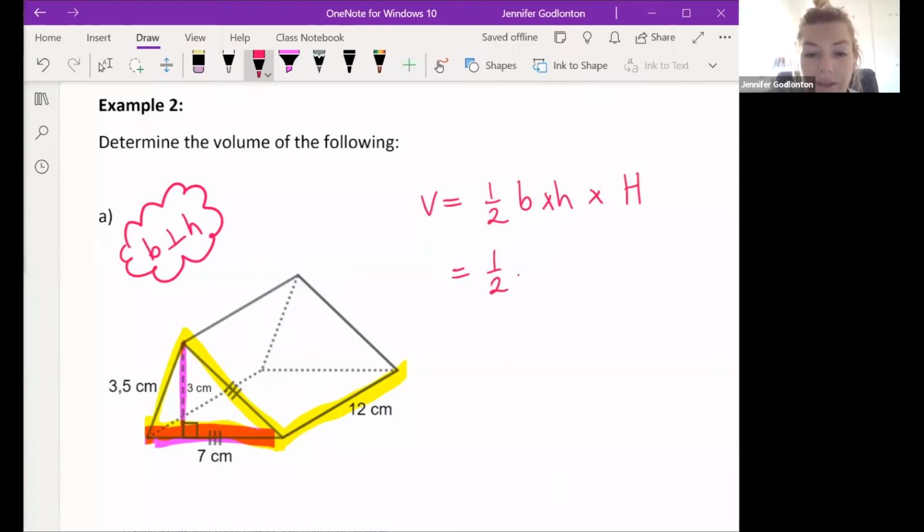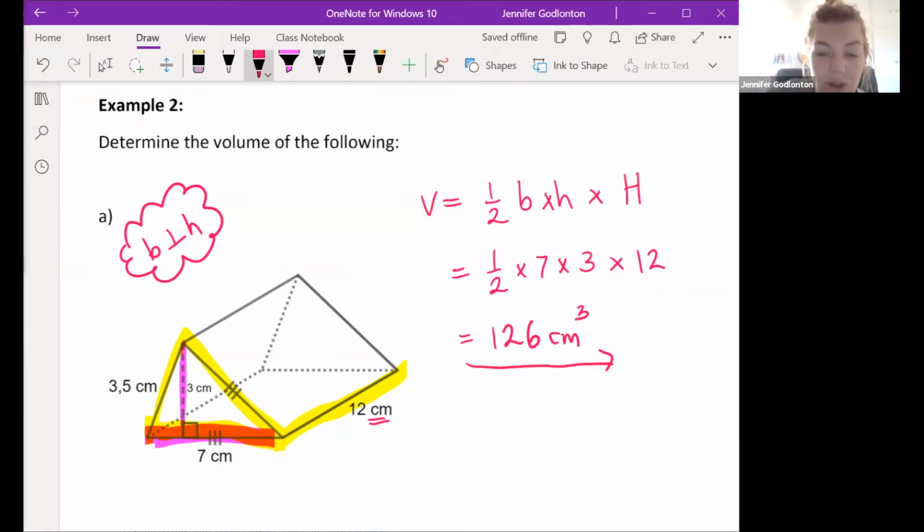So half times 7 times 3 times 12. We just chuck that straight into our calculator exactly like that. And we're going to get 126. Check your units. So dealing with centimeters, and it's volume, so it is going to be cubed.